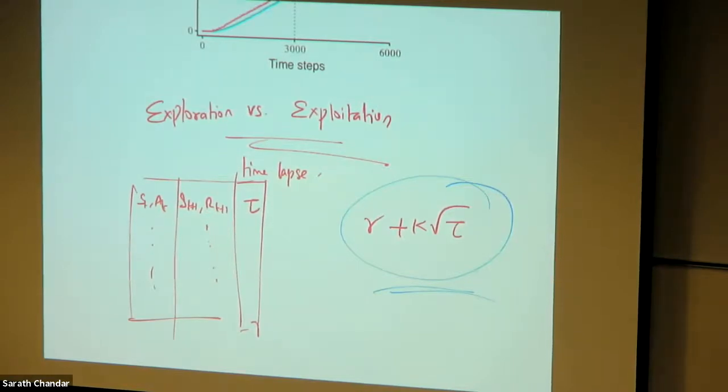Yeah. The question for design: why not do this update with negative K, so that the agent is encouraged to do things quickly?